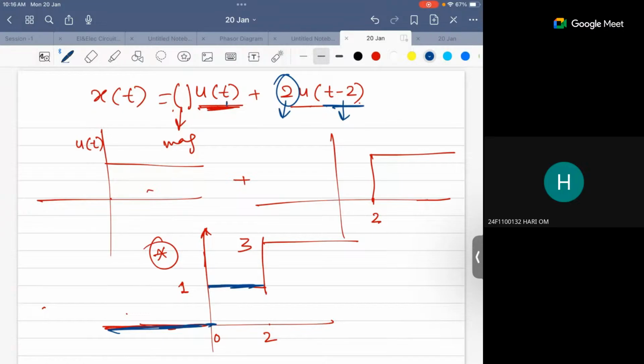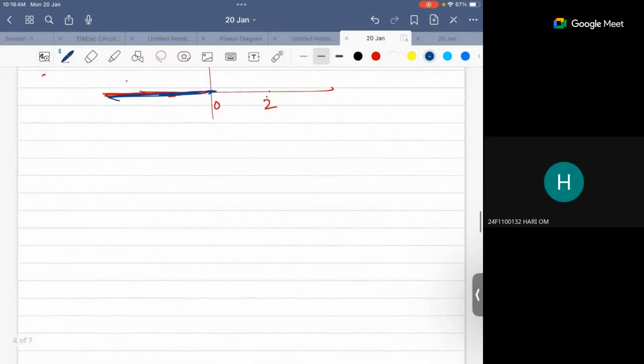So you took a jump at t equals 0 because the function started, with magnitude 1. The next step was at t equals 2, where you have to take a jump of 2. So from 1 you went to 3. Is it clear to everyone? Yes, sir. Okay, now try to solve this one.